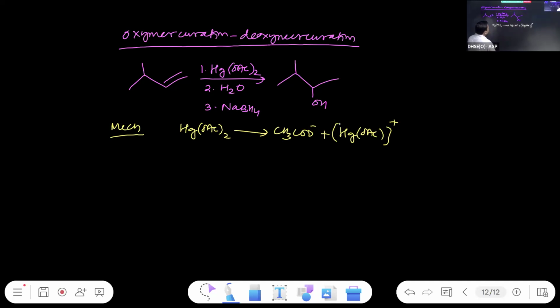Cation means it can act as the electrophile. Alkene can be easily attacked by the electrophile. So the alkene will be attacked by the electrophile.